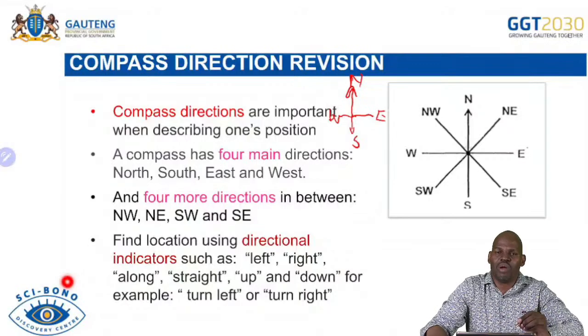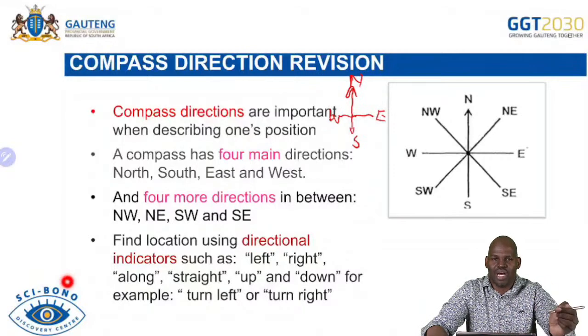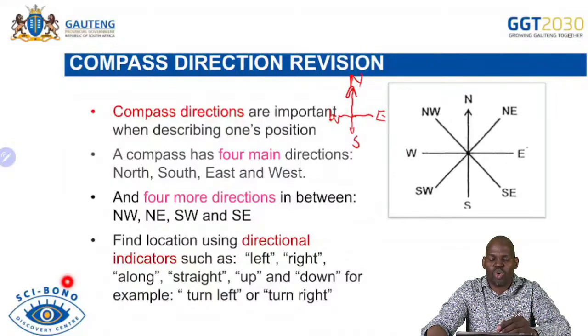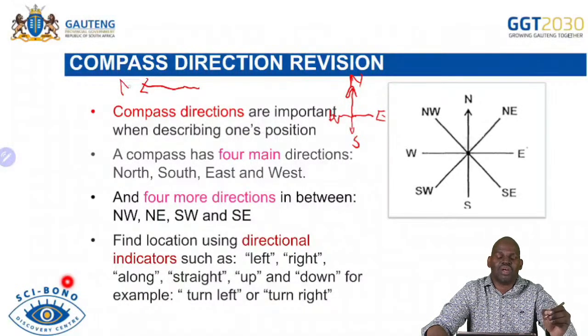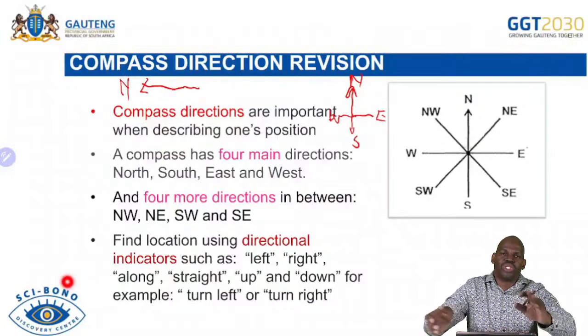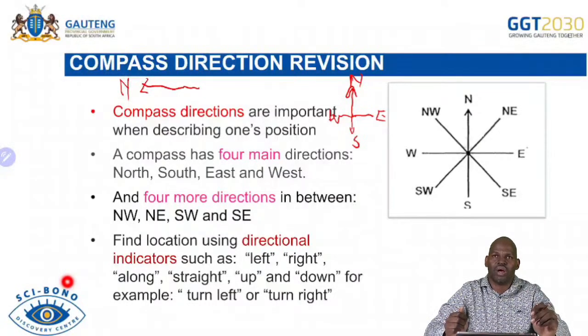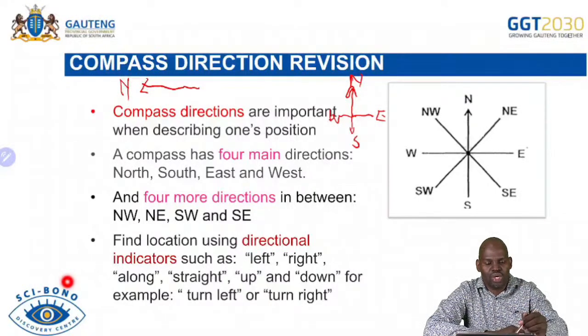But the other thing that is very important with regard to the compass is that it is not always facing up. The arrow will not always face up. The examiner might decide to show north facing this direction. So everything else is going to change. We always advise learners that if the direction of N changes, you need to turn your question paper as well, so that you are able to complete the compass.